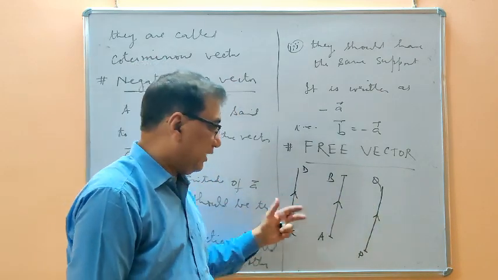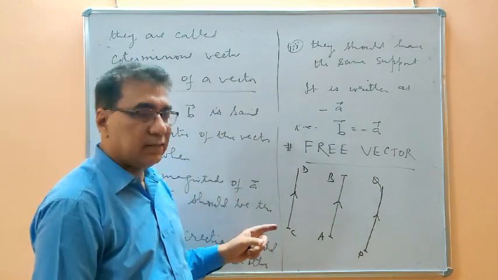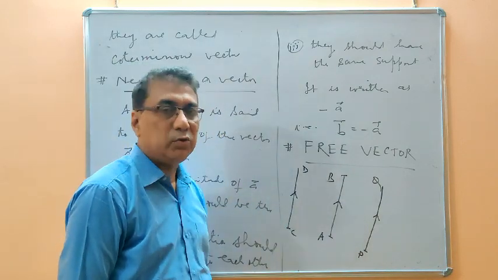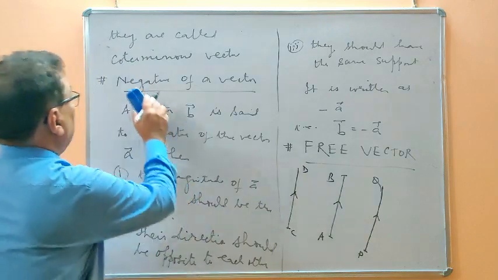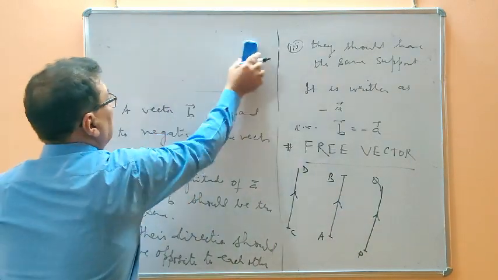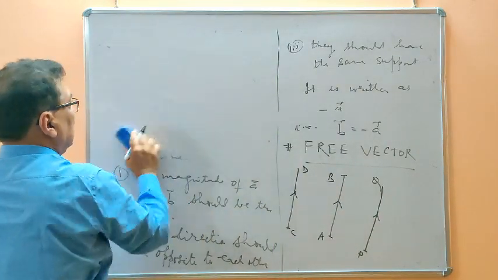But whenever we shift any vector, we take into account that direction and magnitude should not change. Okay, so we call such vectors as free vectors.